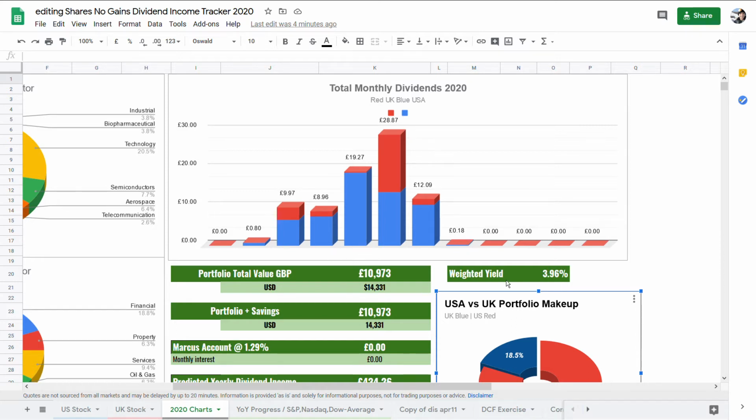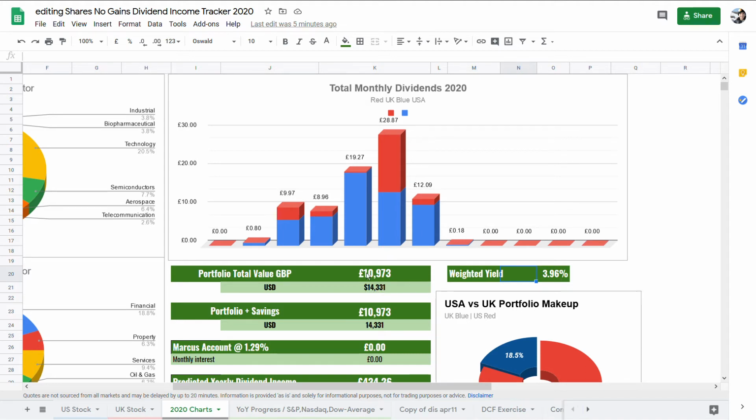I think my weighted yield is not entirely accurate because it hasn't updated yet. I think it should be at 4.03%. So this will change because it's automated. Sometimes it takes a little bit of time to find the data. So at the moment, I don't think this is loaded fully, but it's going to give me a roundabout idea, which is all I need.